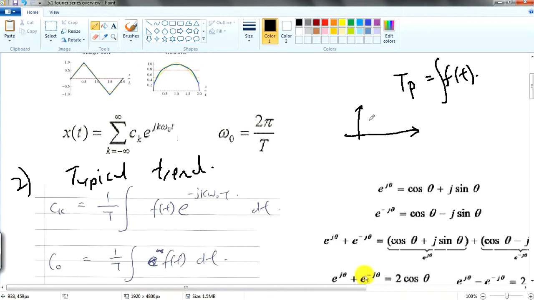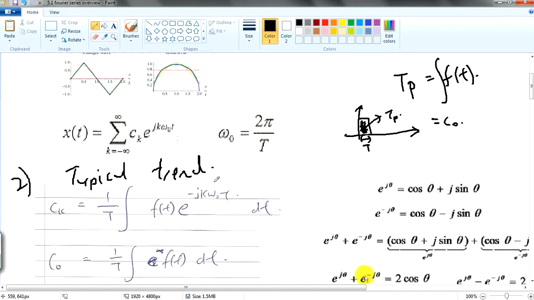So let's say you have a function, maybe this is the function, and then you integrate, you get the whole area over here, we call it Tp. And then you divide it across the period. This is the period, right? So you divide it across the period, you get one piece of it, you get the average, I would say. So apparently this is the c0.